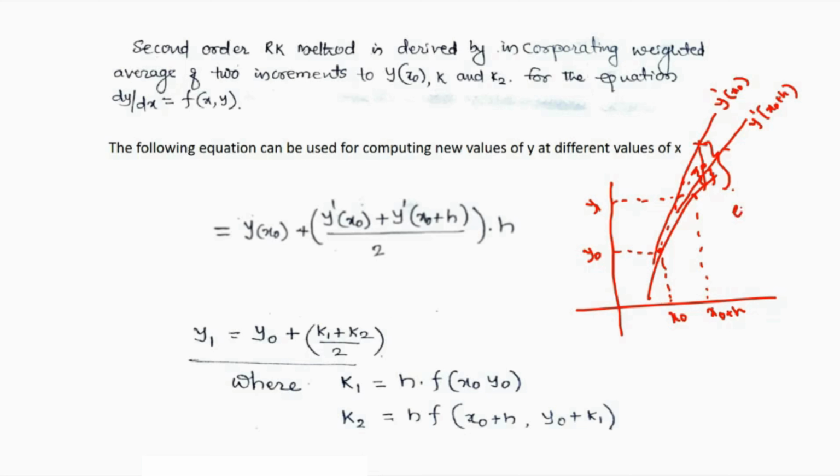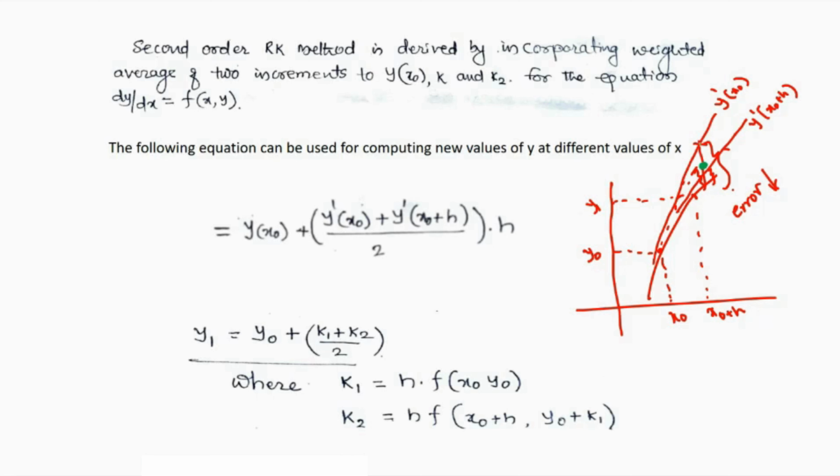So to reduce the error, this concept is adopted: the average of two increments, the first increment and the second increment. The average of these two increments lies somewhere here. That concept is incorporated in the RK method.